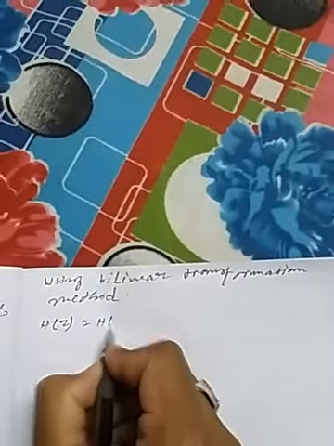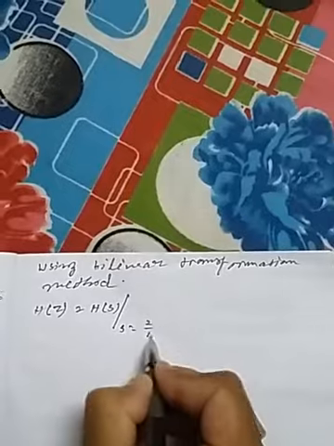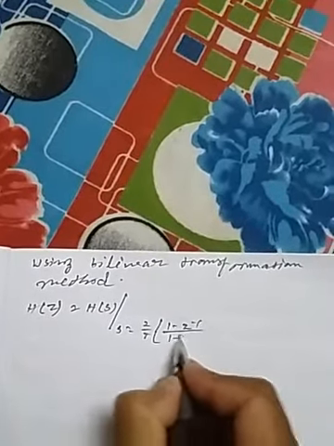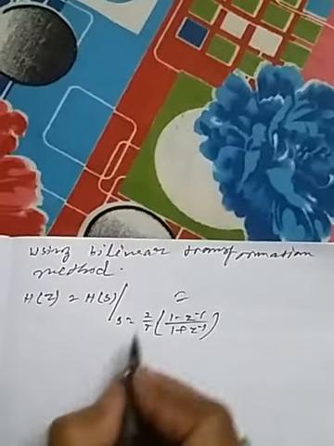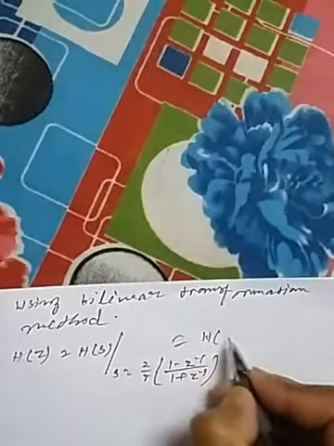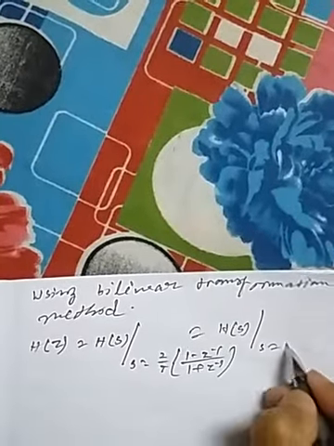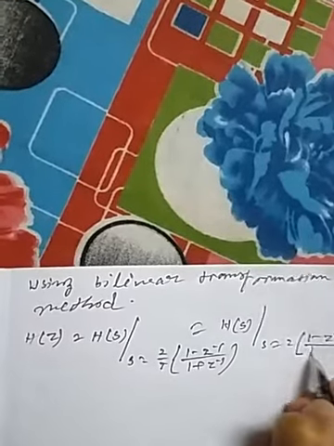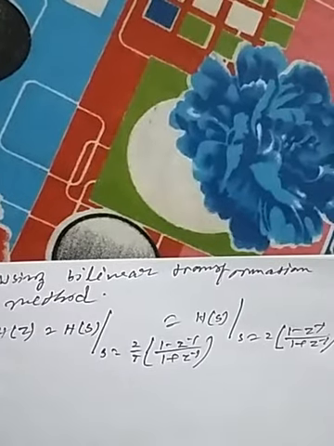Here capital T equal to 1, so we substitute s equal to 2 into 1 minus z inverse by 1 plus z inverse.